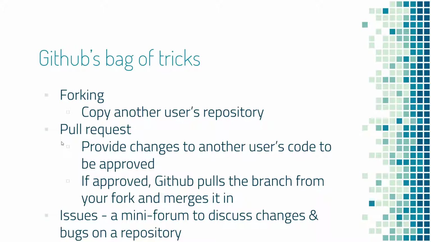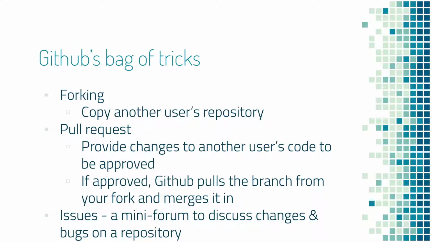GitHub also has what's called a pull request. So say after you fork and you add a new change, you can submit a pull request to the original repository, which essentially says, hey, I've made this change. Can you merge it into your version? And then if the owner of the original repository approves, then GitHub will take the branch from your version of the repository.